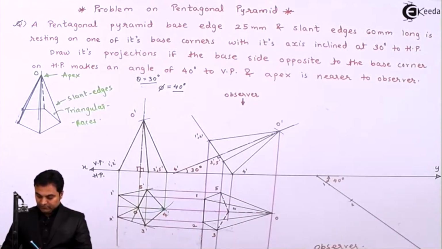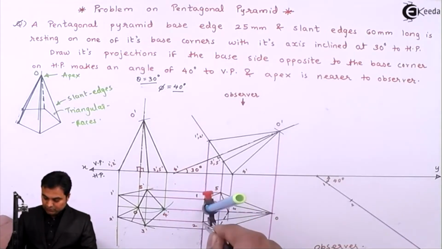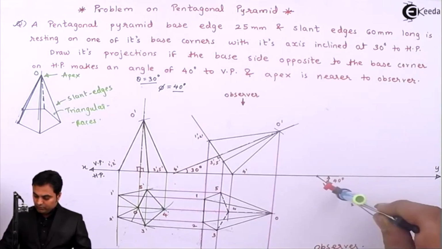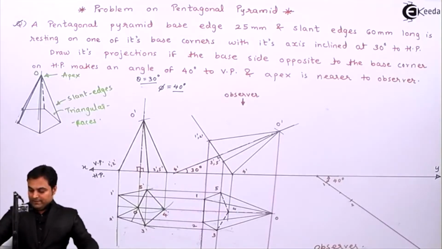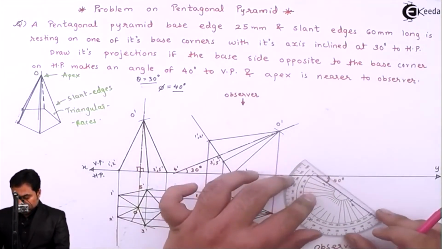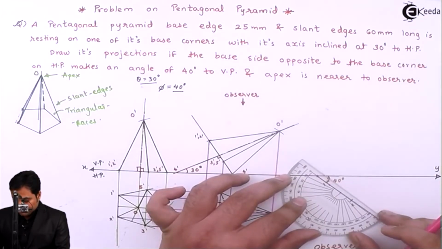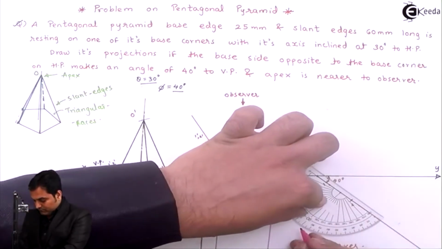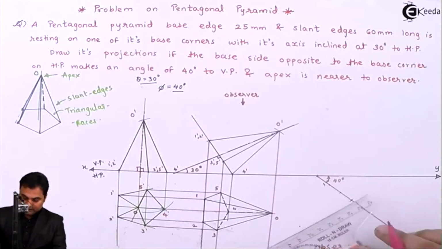For that, first I'll mark the half of it, that is drawing this line so that I get the apex. So from 2 to 1 or 1 to 2, I'm marking a point, and then measuring an angle of 90 degrees through it, which is the perpendicular line, and drawing a light line through it.